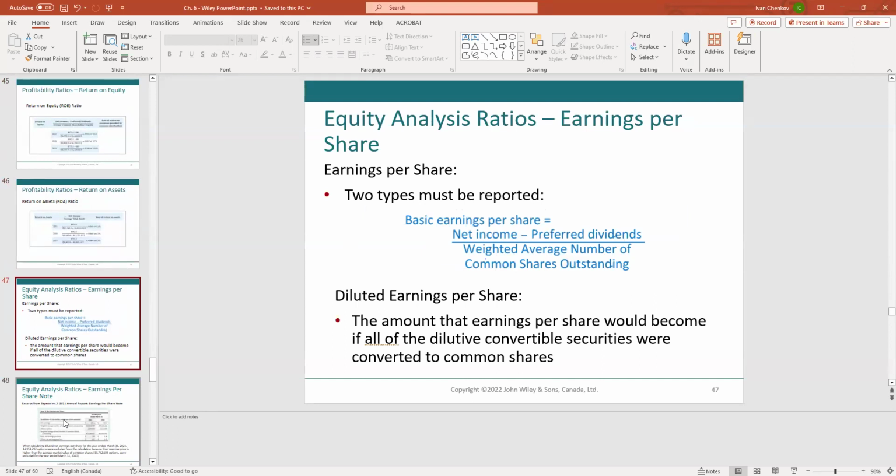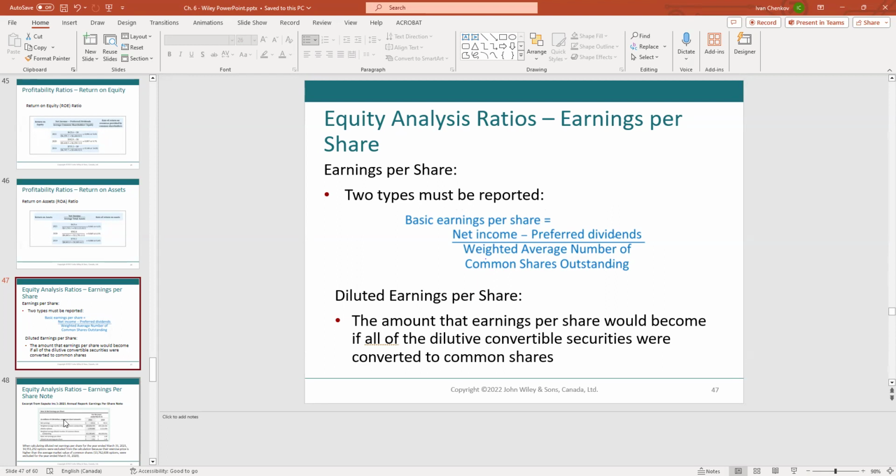Okay, so then we're going to the one interesting ratio, which is earnings per share. We have two types of earnings per share. One is the basic earnings per share, and the other one is the diluted earnings per share.